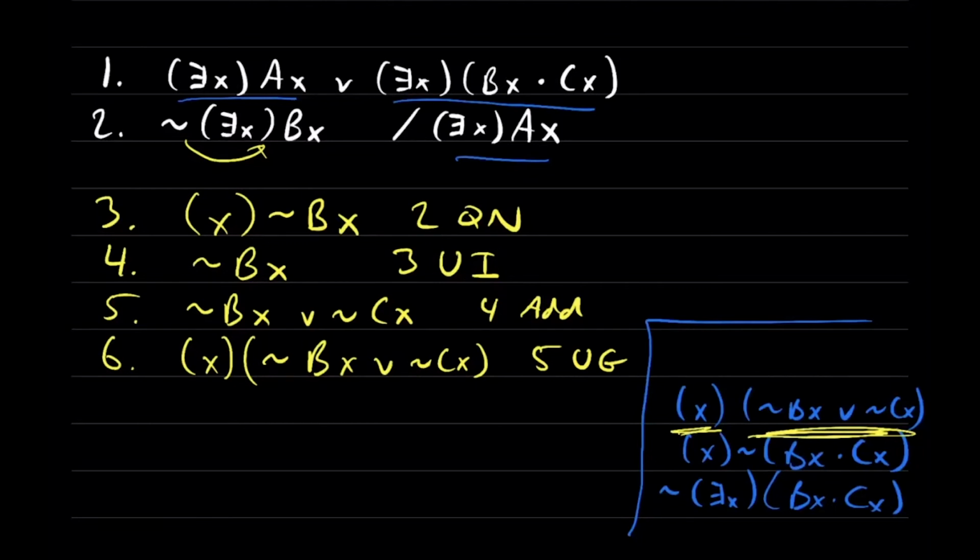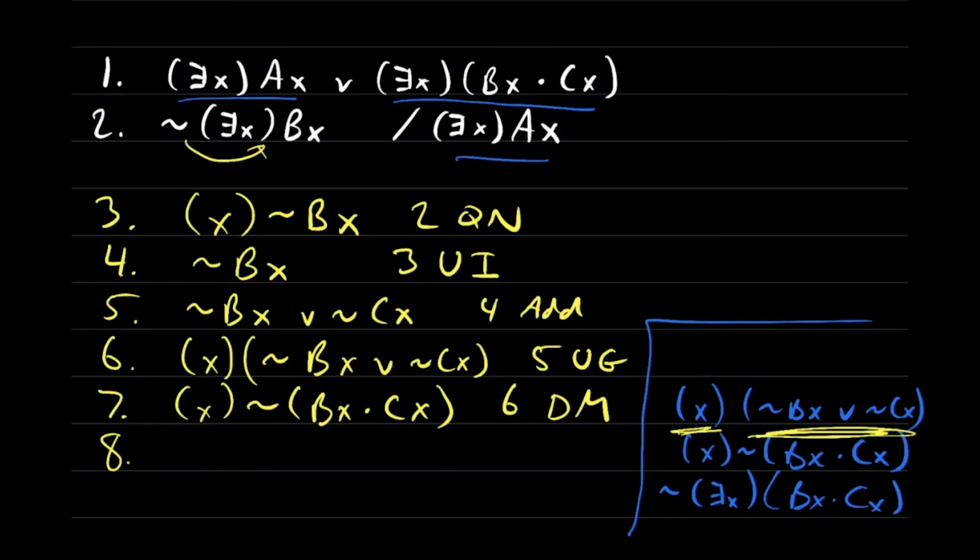And now we're almost done. We said that once we did that, we could apply De Morgan's rule and we'd get a statement like this. For all x, we're going to apply De Morgan's rule on this parenthetical expression bound by the universal quantifier on line 6. We're going to get it's not the case that bx and cx. And that's going to be line 6 by De Morgan's rule.